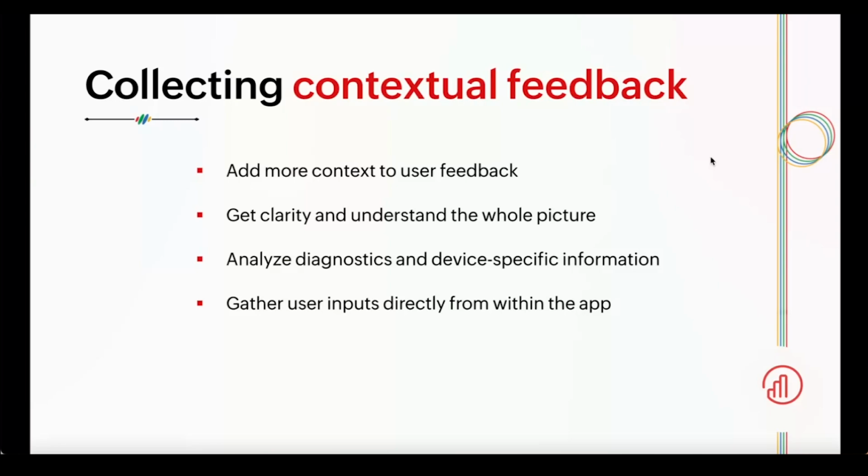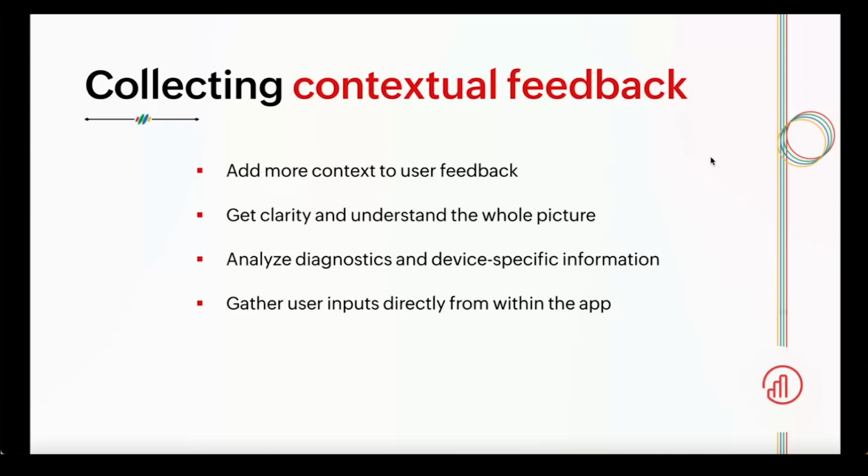But the problem here is that you do have their input, but it still lacks the details that are necessary for you to address it. In such instances, it really becomes difficult to understand what the whole picture is. So you would immediately have follow-up questions like what feature within the app isn't actually working? What exactly happened when the user was trying to proceed with payment?